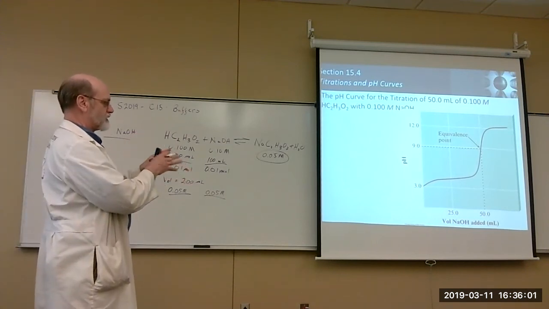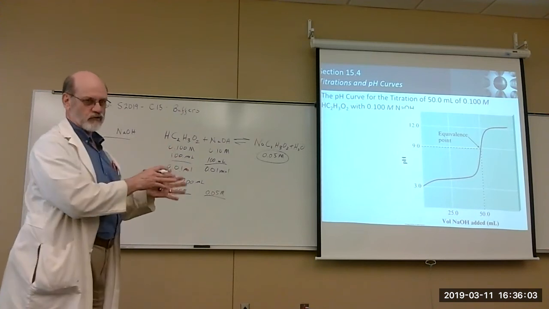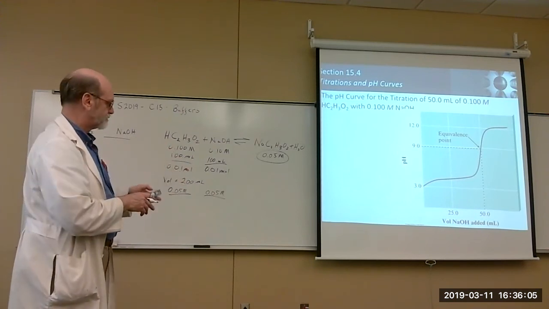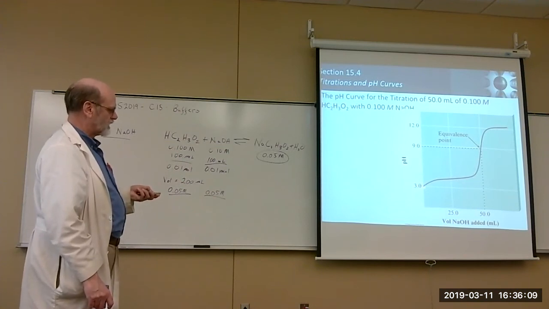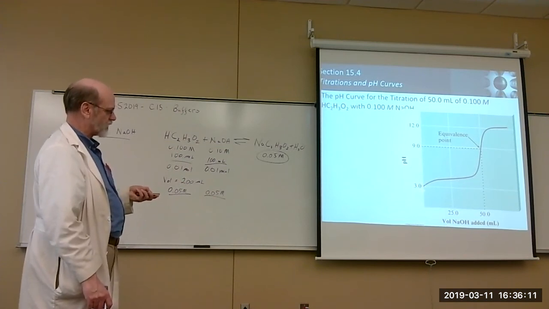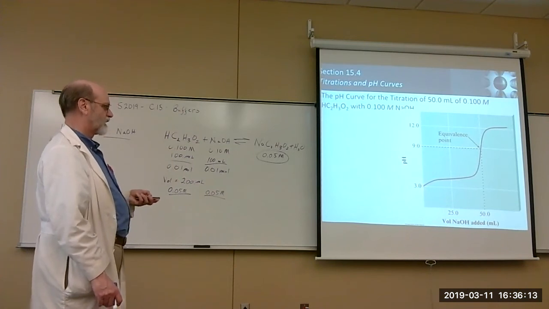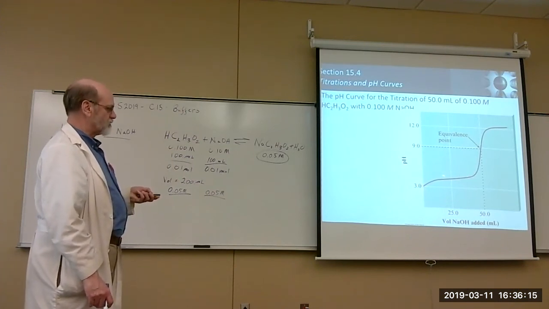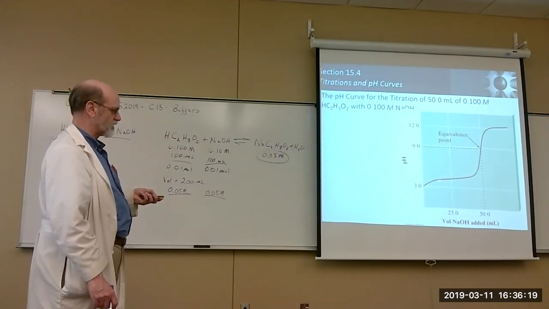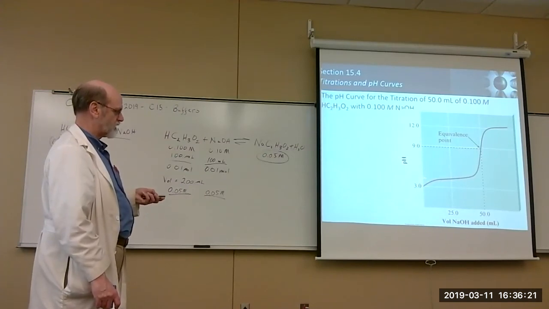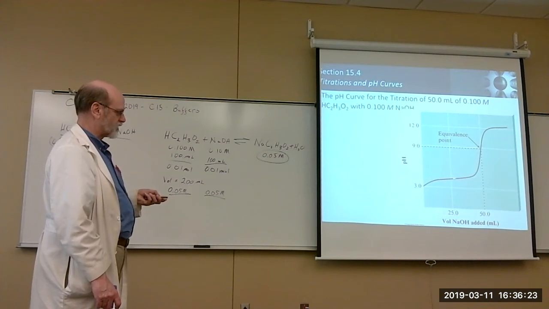This is the titration curve that I drew on the board not too long ago. You'll notice we determined what its starting point was. That's actually a little high. It needs to be down here somewhere. But the buffer zone is right here. Notice the pH is not changing much in that region.